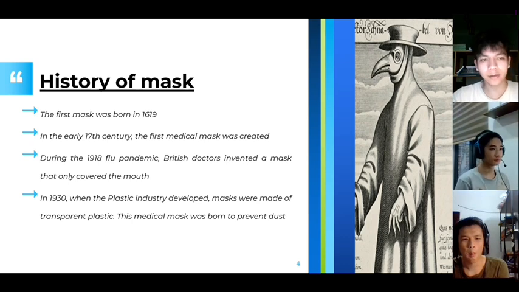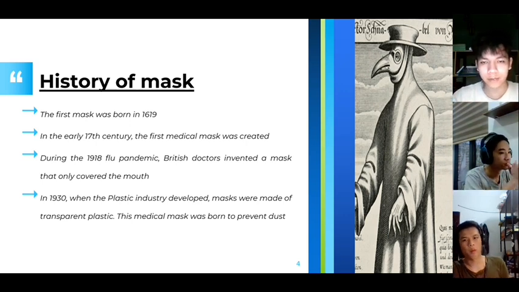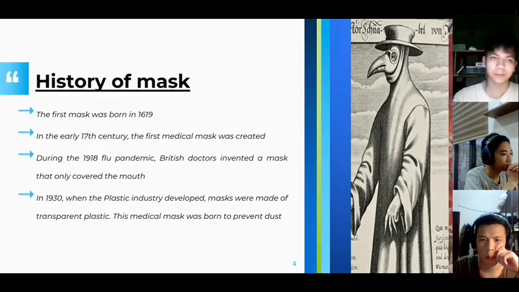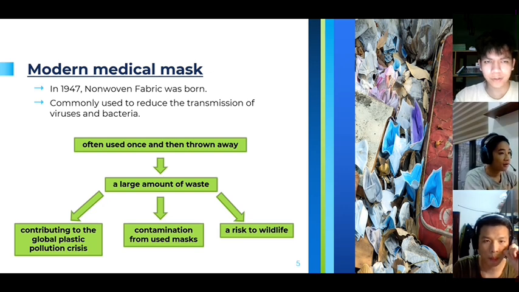And in 1930, when the plastic industry developed, masks were made of transparent plastic, and the medical mask was born to prevent dust. About the modern medical mask, in 1947, non-woven fabric was born. It is commonly used to reduce the transmission of virus and bacteria.